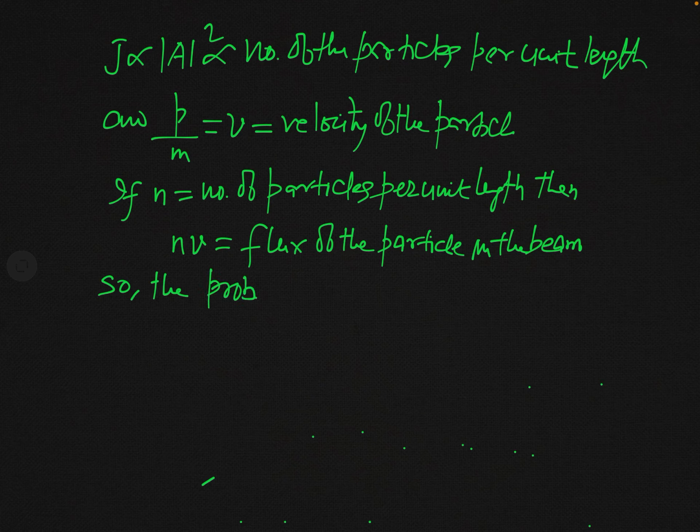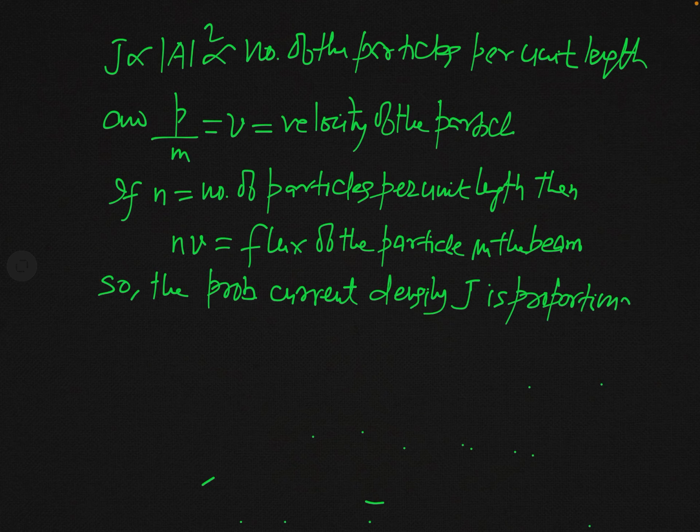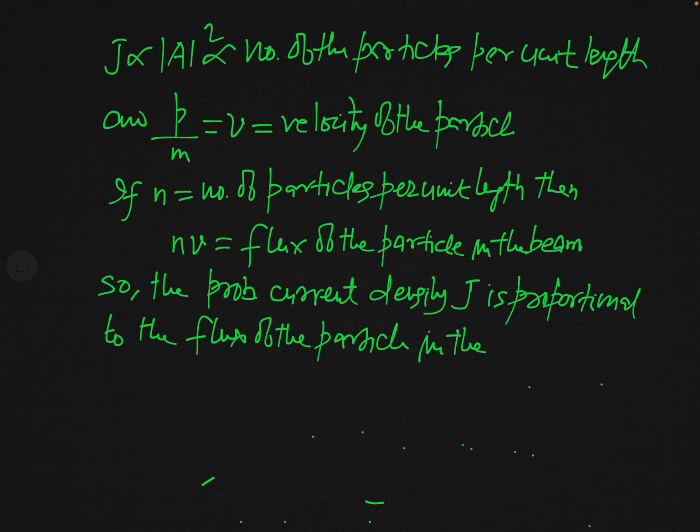So you can say the probability current density J is proportional to the flux of the particle in the beam.